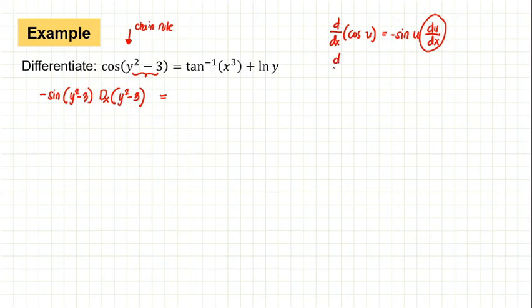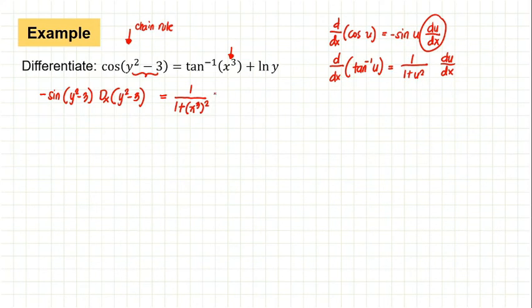If you can still recall from our formula kanina, the derivative of tangent inverse of u is just equal to 1 over 1 plus u squared du over dx. So our u here is x cubed. Therefore, we will have 1 over 1 plus x cubed to the power of 2, because we have u squared here.